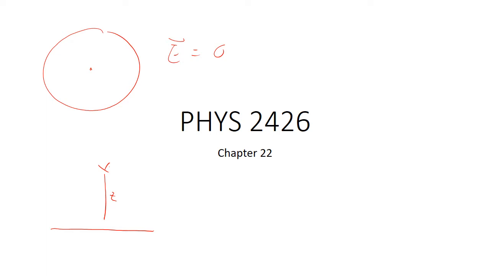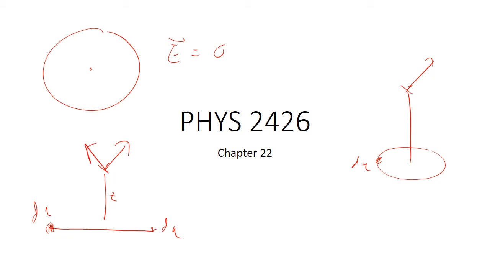Well, if I look at an oblique view here, I have some dq there that's pointing that way. I have dq on the other side, and it has an electric field pointing that way. So dq over there has an electric field dE pointing that way.